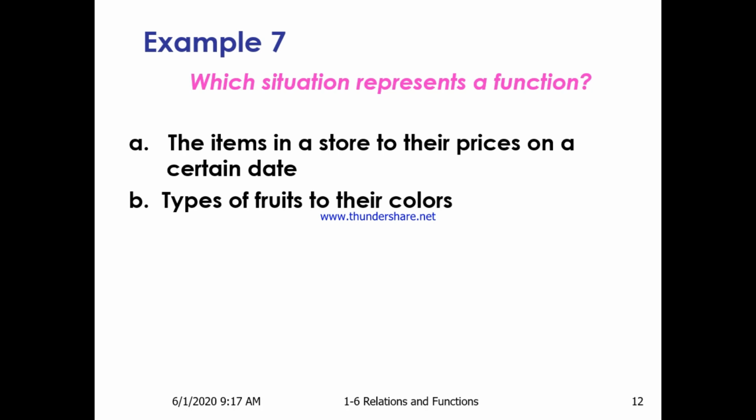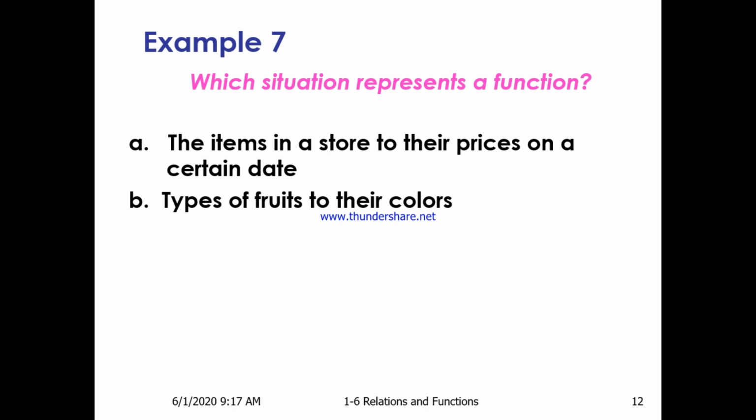Dili pwede ang apple, the same klaseng apple, ang usa G's, ang usa 20, the same klase. So, kinahanglan ang taga-usa ka item sa store na agyo na siya usa price.